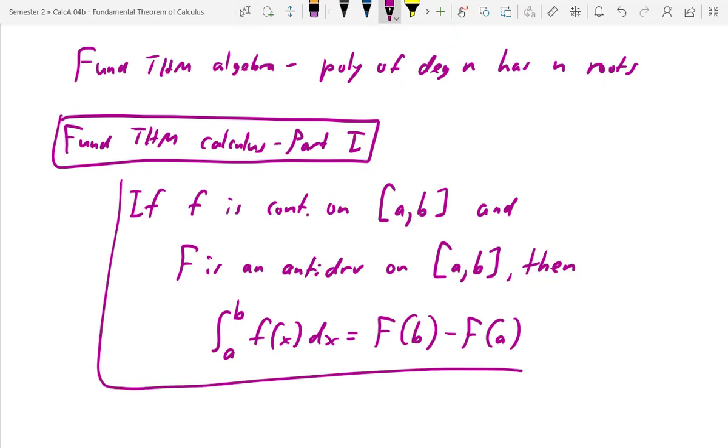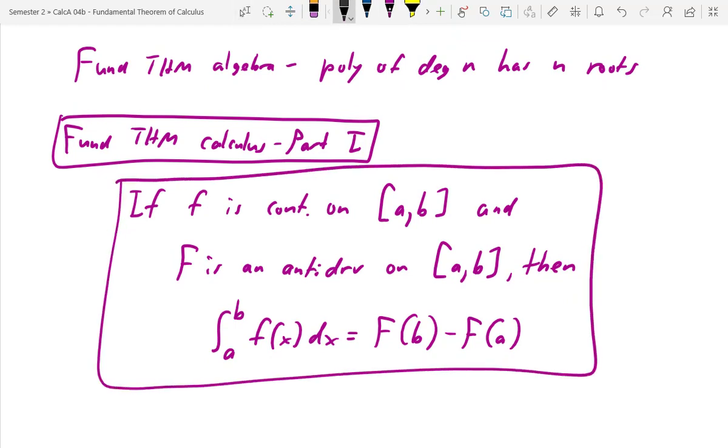And that has huge and far-reaching implications on how we evaluate definite integrals.